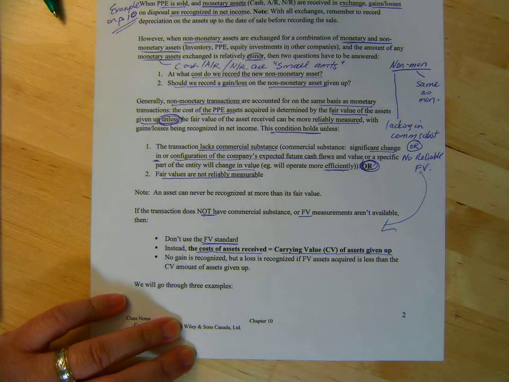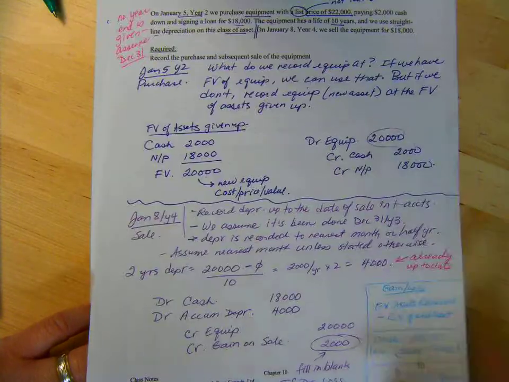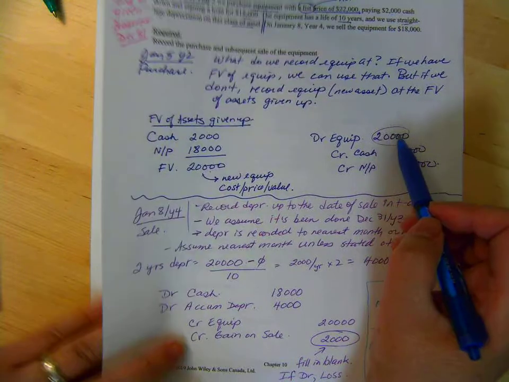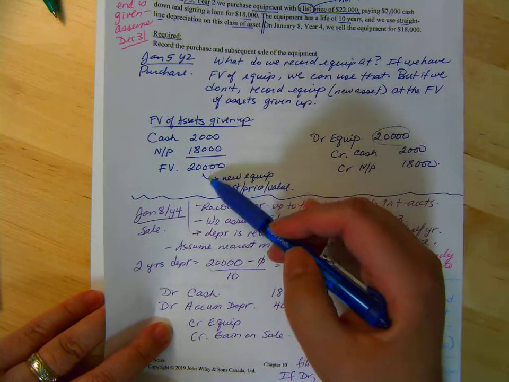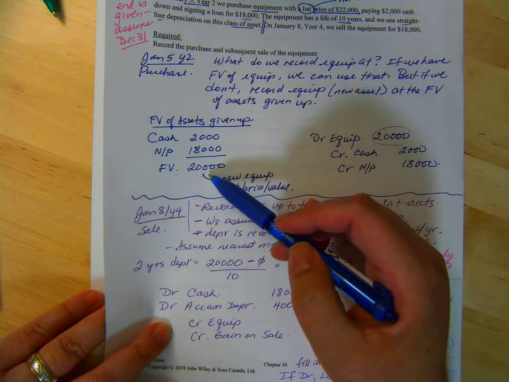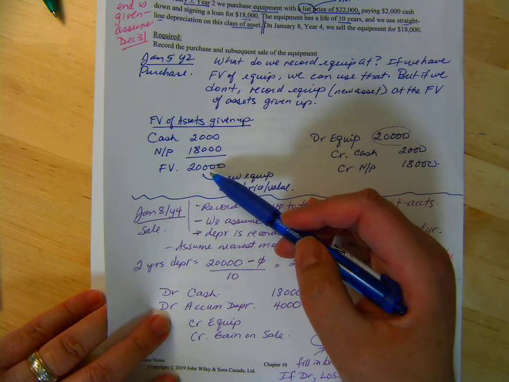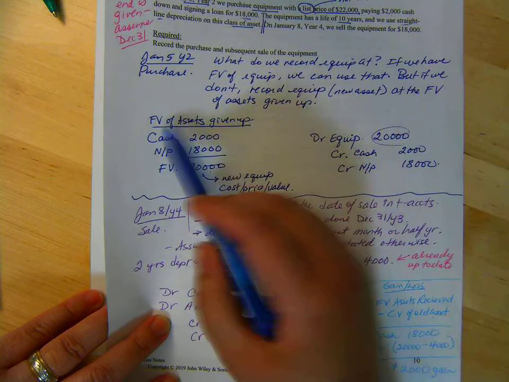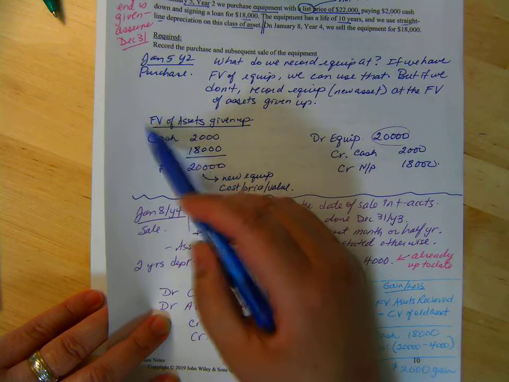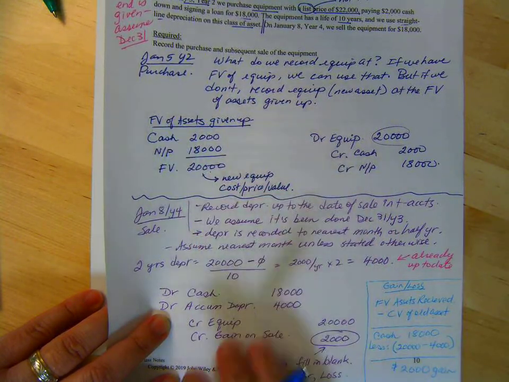So here, back on page 10, we made this based on the fair value of the assets given up. If this would have been a non-monetary transaction with no commercial substance, this would have to be based on the carrying value of the assets, not the fair value.